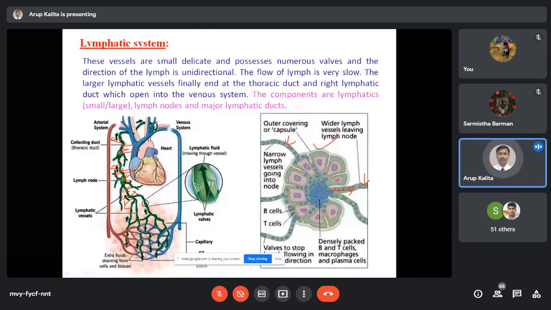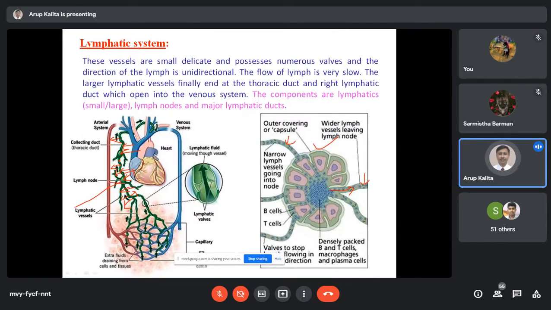The same lymphatic vessel is efferent for this lymph node, but afferent for the next lymph node.